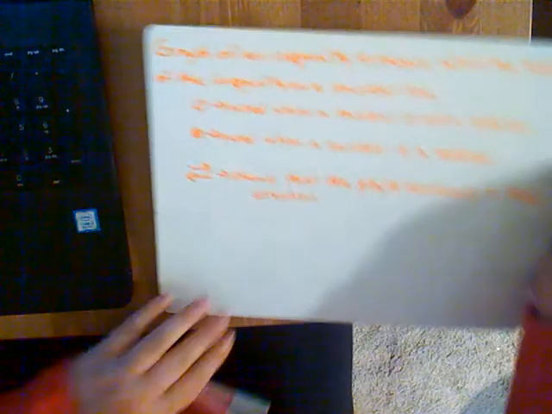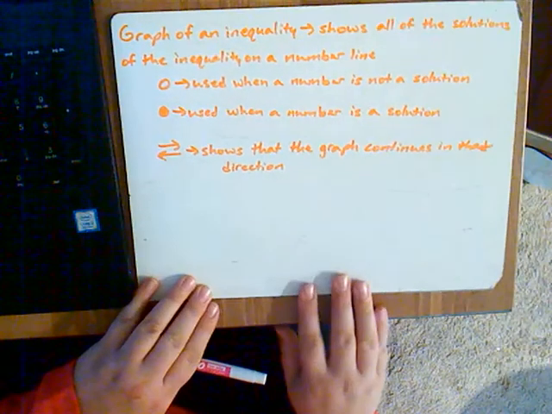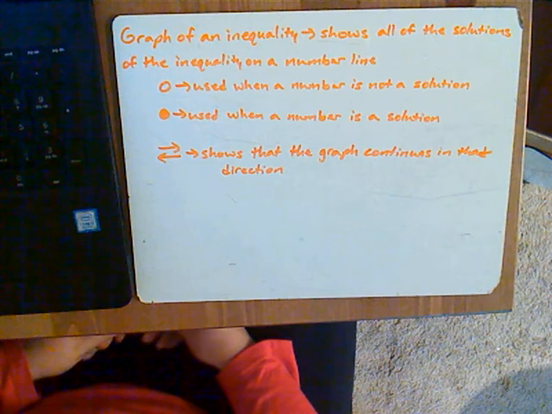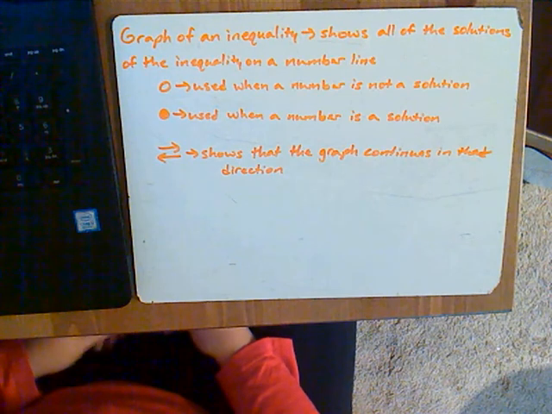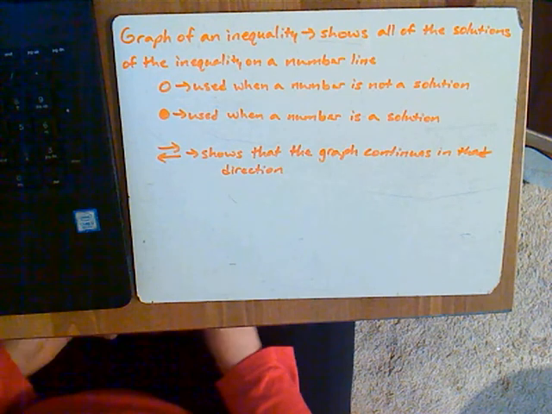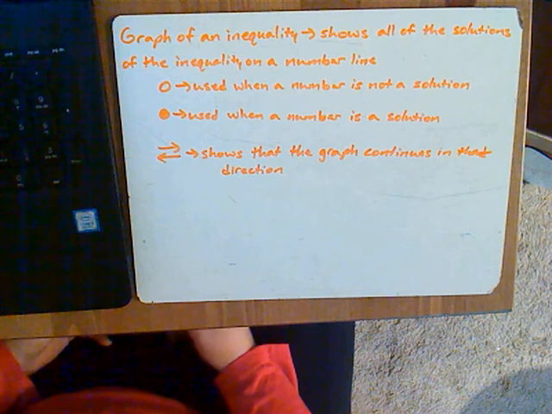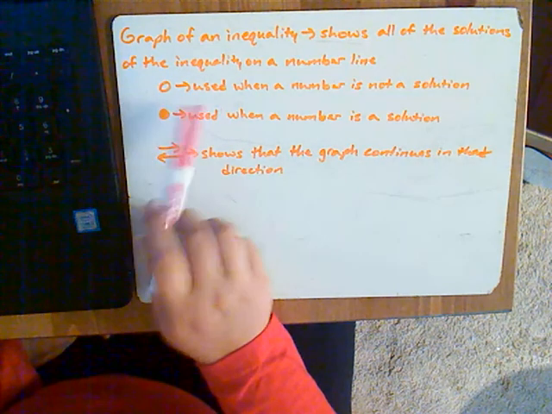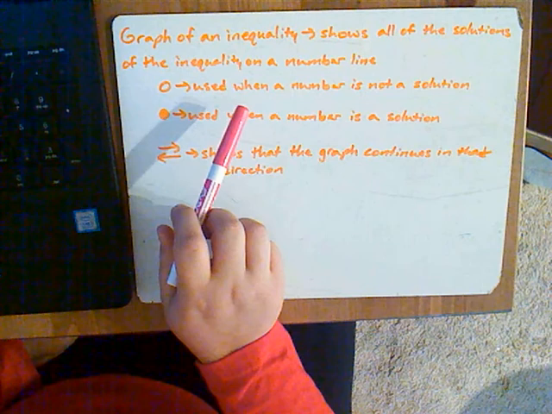And some final vocabulary to look at is graphing of an inequality. And this shows all of the solutions of the inequality on a number line. So some symbols that you're going to see with a graph of an inequality are going to be an open circle. This is used when a number is not a solution.